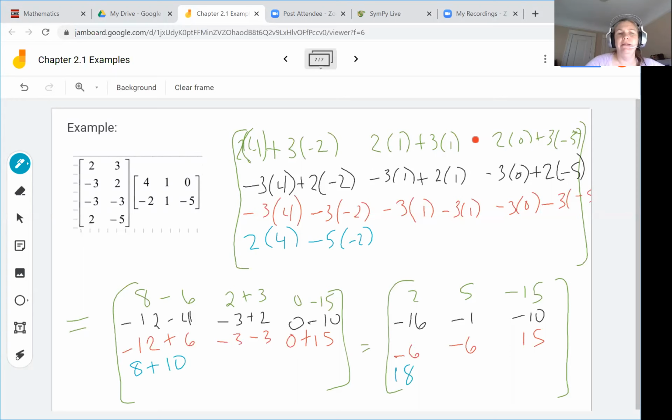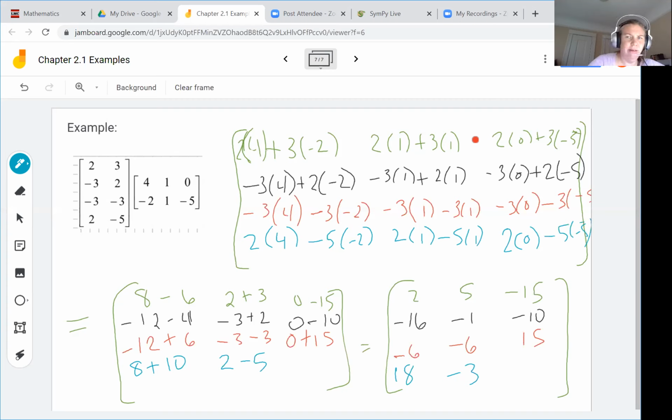All right, and then our next calculation is going to be 2 times 1 minus 5 times 1. So that's a 2 minus 5, or a negative 3. And then our next calculation is 2 times 0 minus 5 times negative 5.